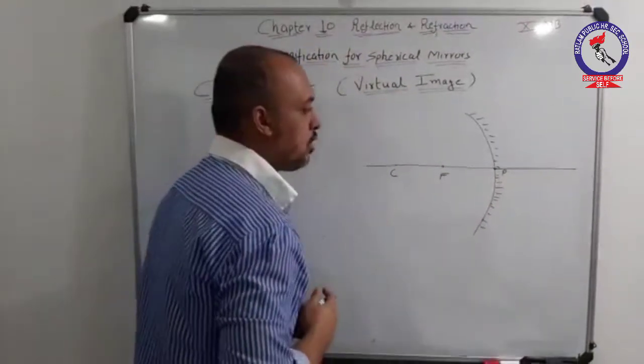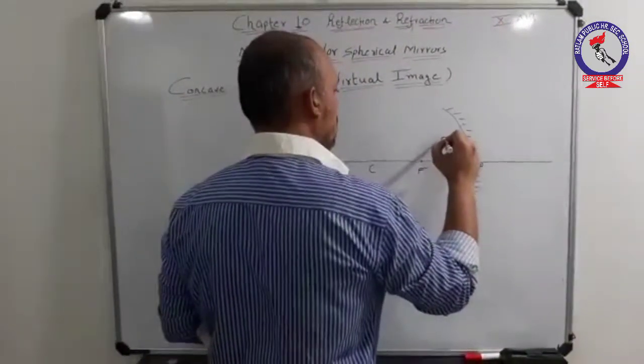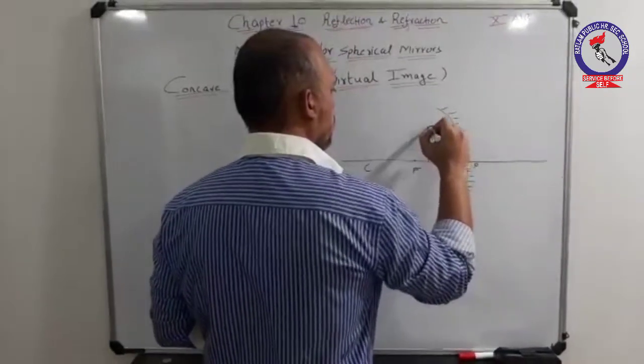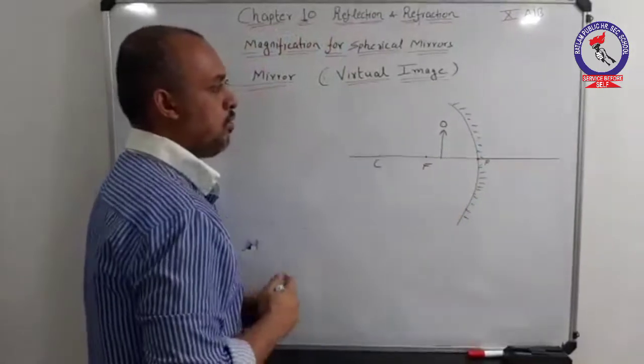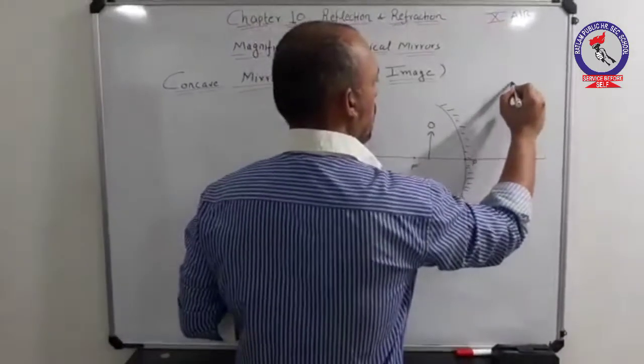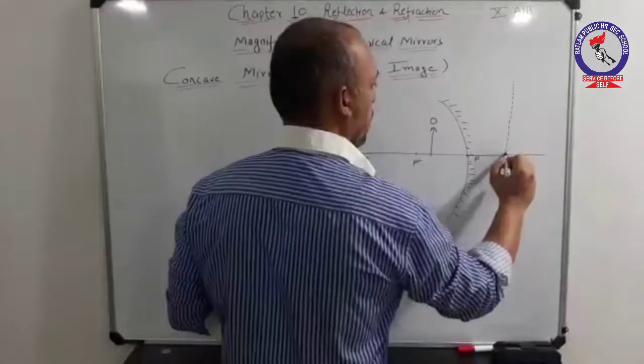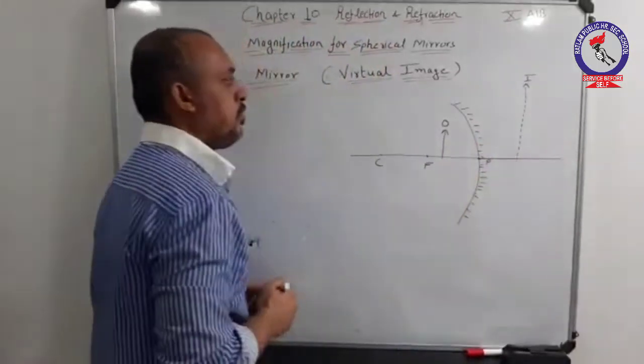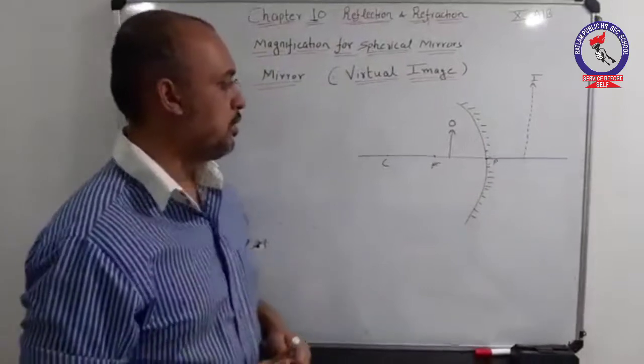So we have gone through the case study which says when an object is kept between pole and focus of a concave mirror, a virtual image is formed by the concave mirror.